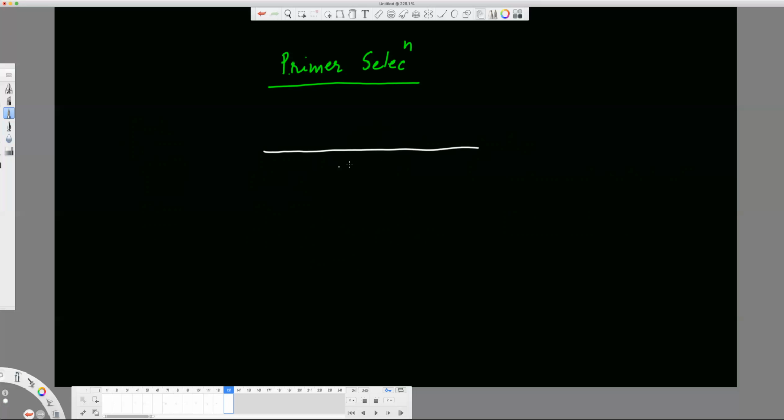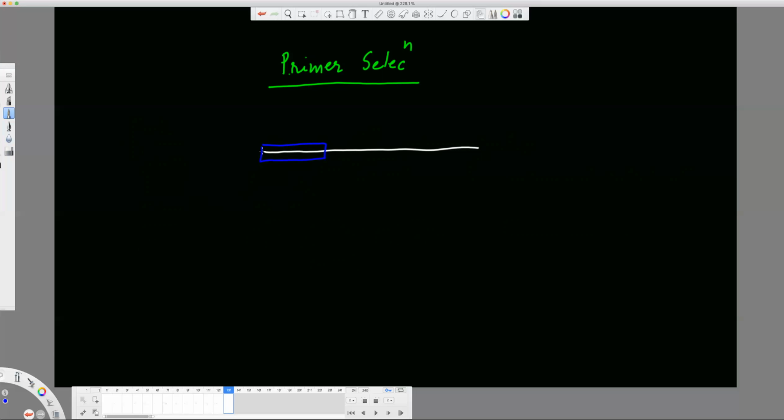For example, if you're doing expression profiling through RT-PCR, a 100 base pair amplicon, a 100 base pair product size to be amplified, is sufficient to measure the expression level of a gene, right? Now, once we have this source sequence, the first thing that you need to do is to define from where your forward primer should be selected and from where the reverse primer should be selected. So let us say that you have defined this range here.